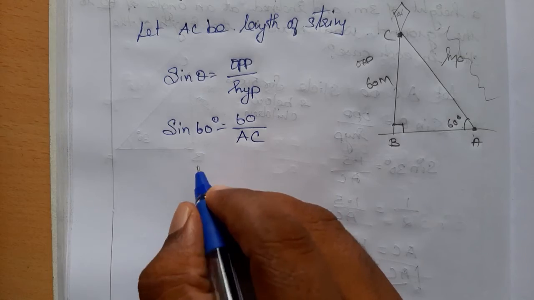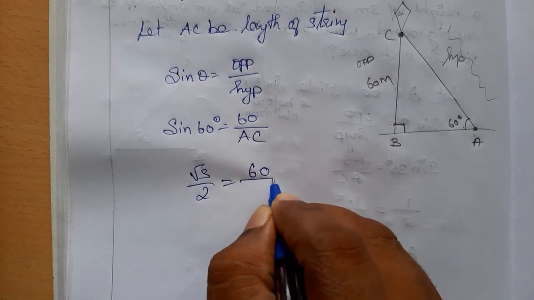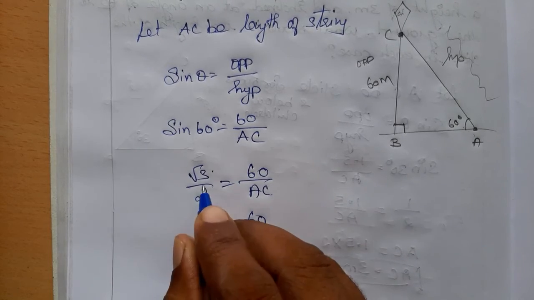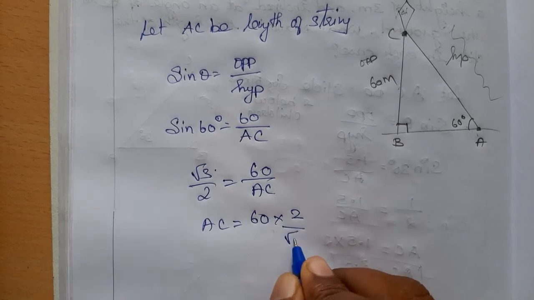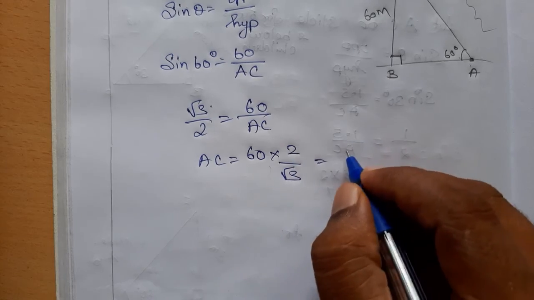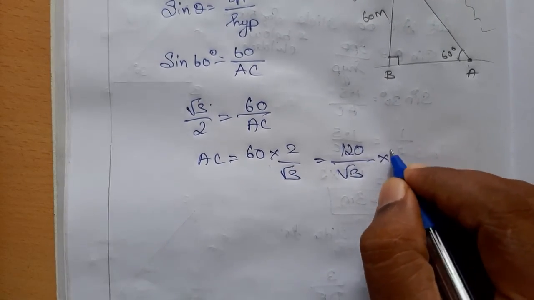So sine 60 degree, which is square root of 3 by 2, is equal to 60 divided by AC. So let me bring AC here, and this square root of 3 divided by 2 will become a reciprocal to the other side, and it is 120 divided by square root of 3. So we have to rationalize the denominator.